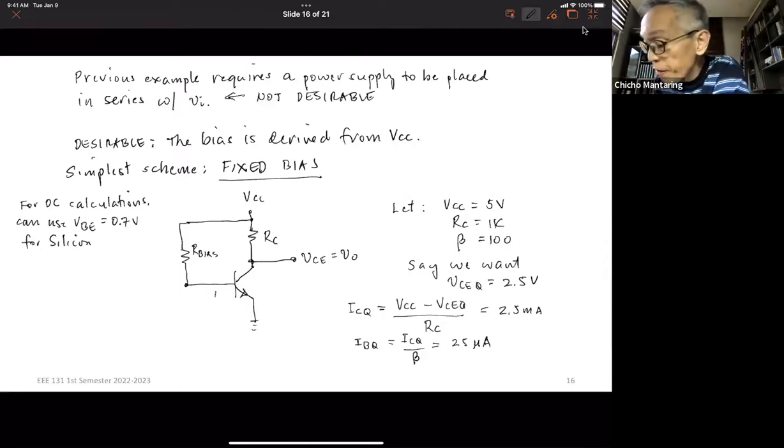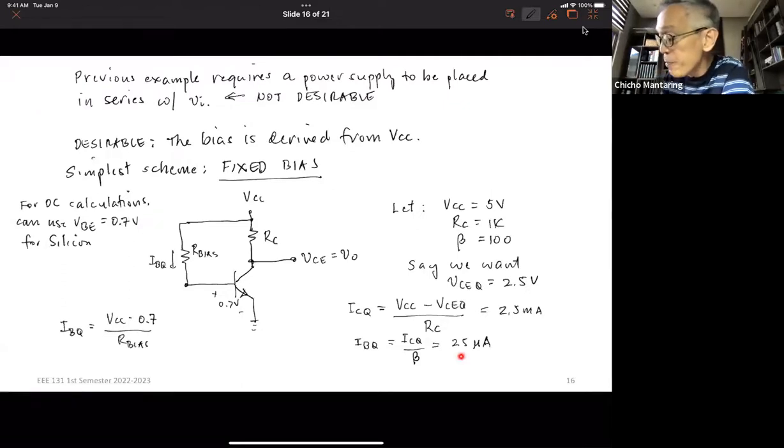So IBQ is equal to VCC minus 0.7 over R bias.